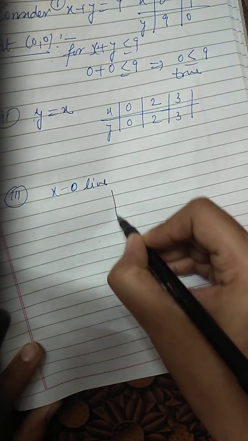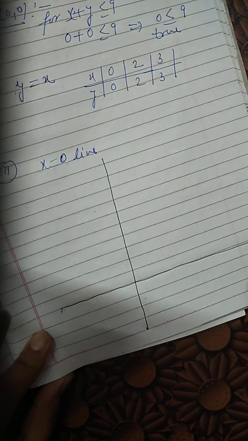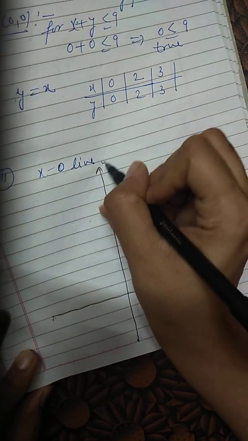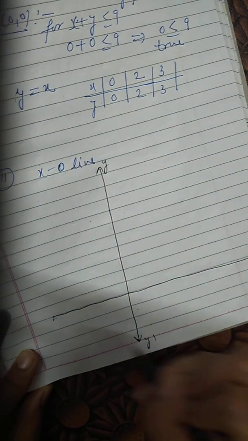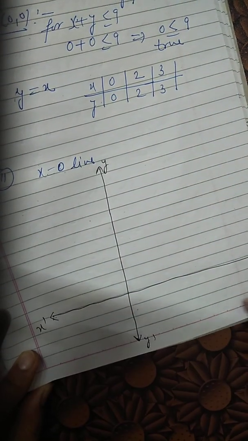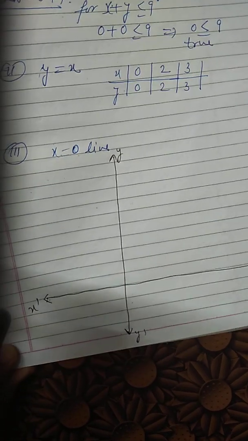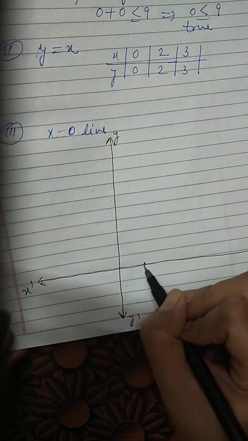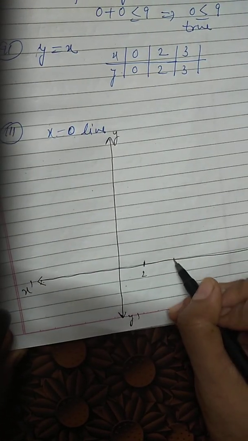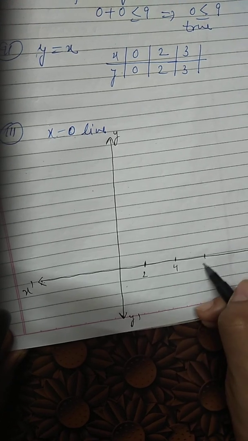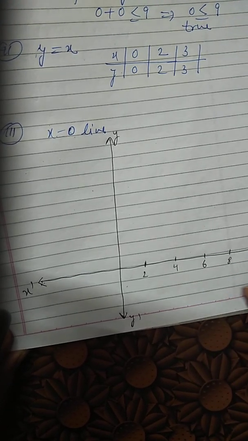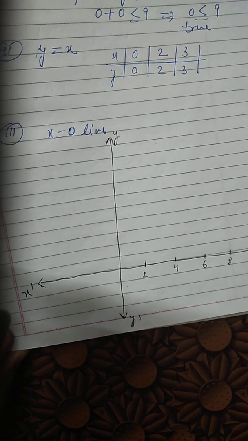So here first of all we will take our Cartesian system, right? This is the y-axis, and here we will have the x-axis. So let us mark the points 2, 4, 6, 8, 10.